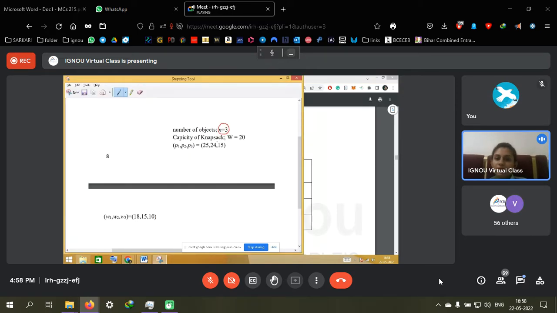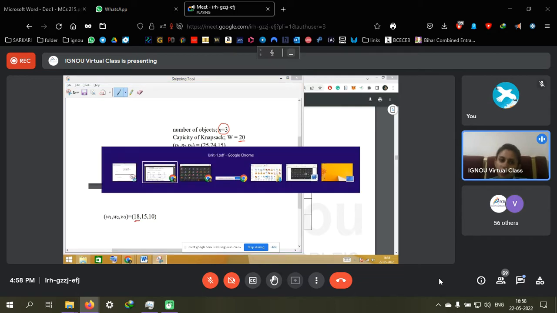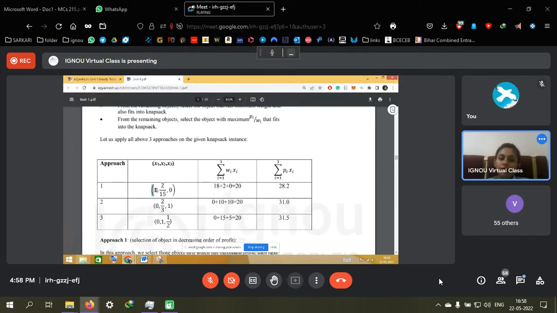Now, the capacity of the knapsack is equal to 20. According to this, we have the least weight for the first object, that is 18. I have a knapsack of 20, so I can take the first complete object, 18 kg. So the first object I completely picked.